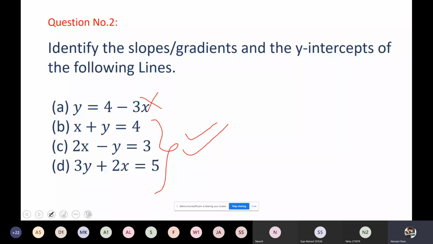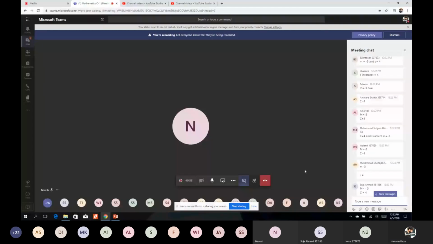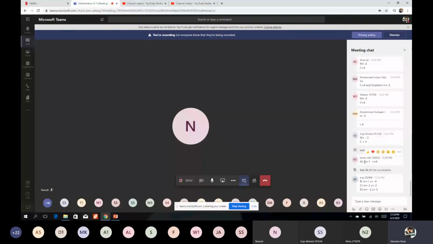Let's see how many of you have done. कार्तिक सिर्फ बी का बताया आपने, सी और डी का नहीं बताना क्या? I ask you to write all three together like this please.